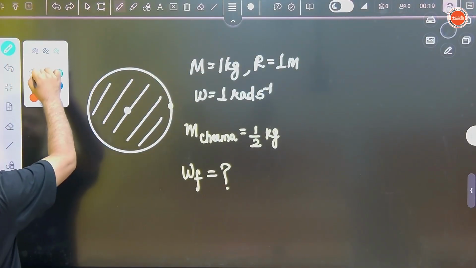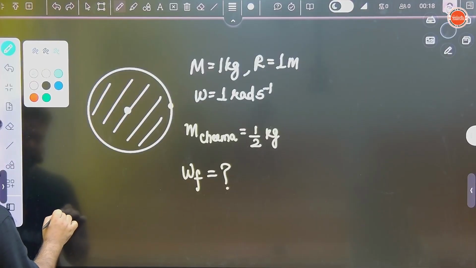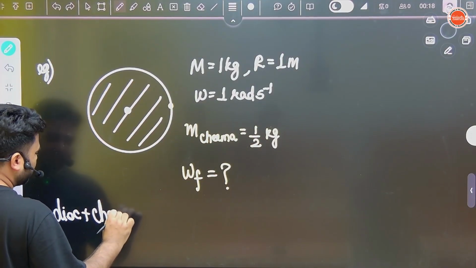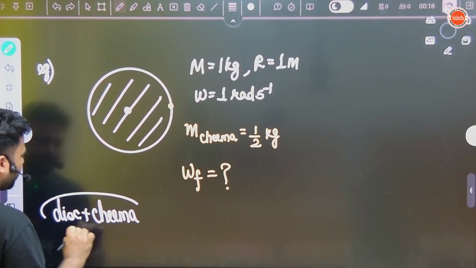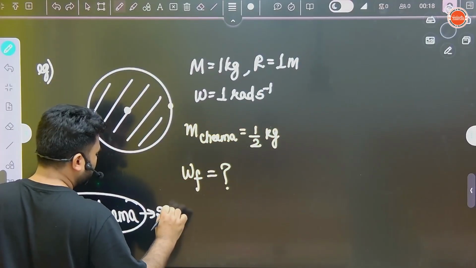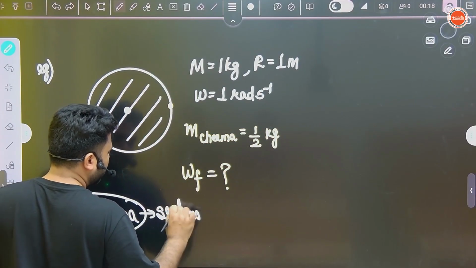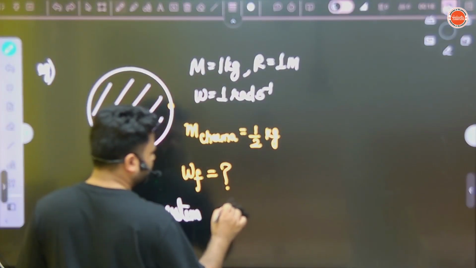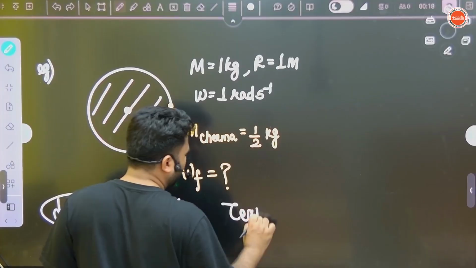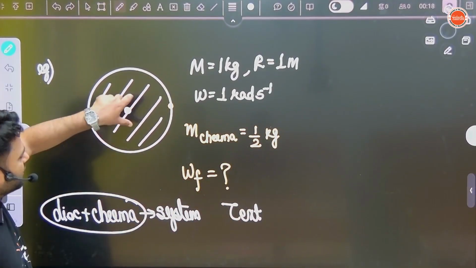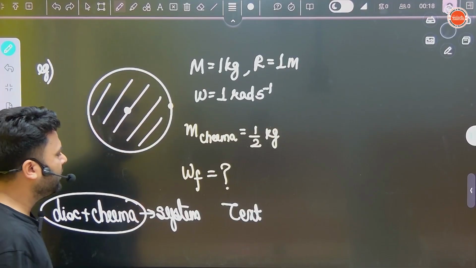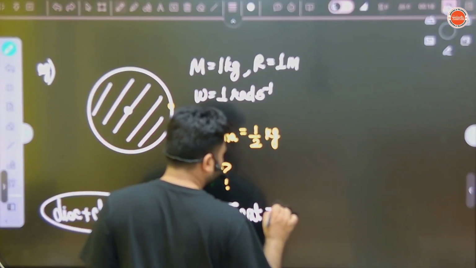So if we take our disk plus chima as our system, can I say there is no external torque acting on the system? No one is rotating this object. This object was initially rotating only. Now no one is rotating or stopping it. So external torque is 0.